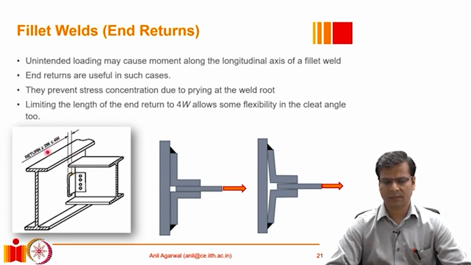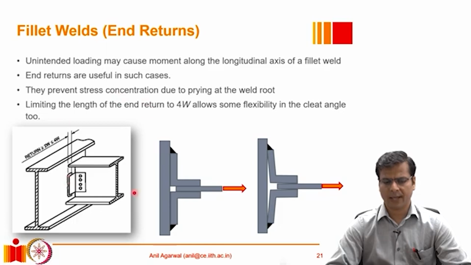There is such a recommendation available in the international codes, which recommend us to go at least this much depth inside, particularly on the side where there is a possibility of prying action. Therefore, often this type of weld is provided only on the top and may not be provided at the bottom, because in a simply supported beam, we are likely to have tension or a prying opening at the top, and that's where this has to be continued at the top. Okay.